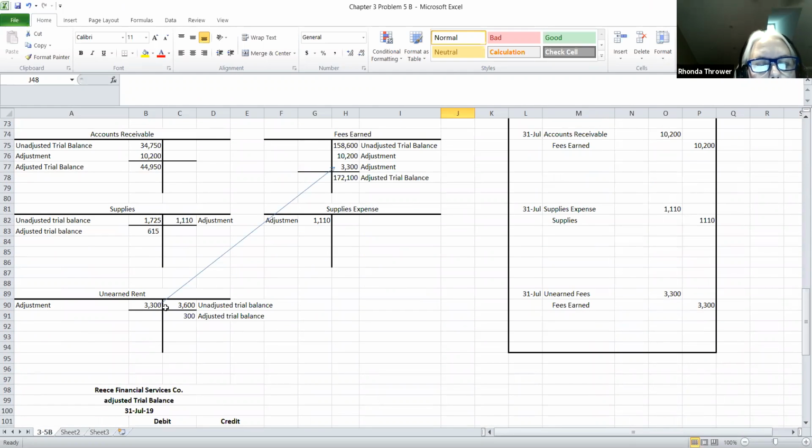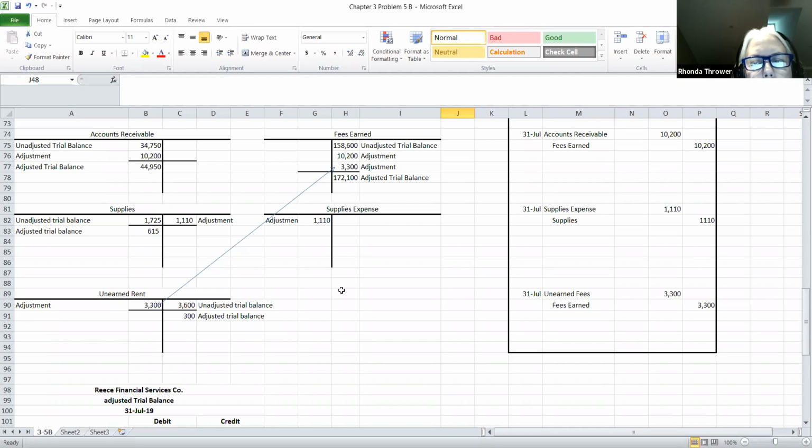Our unearned rent has a credit balance of $3,600 from the unadjusted trial balance. We had received rent in advance of $3,600 before it was earned.